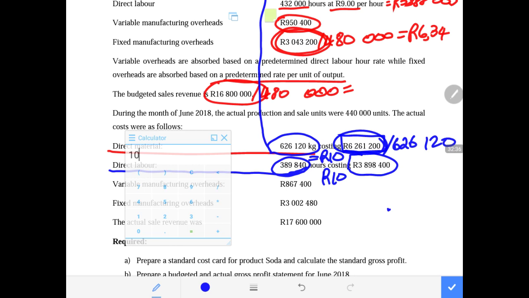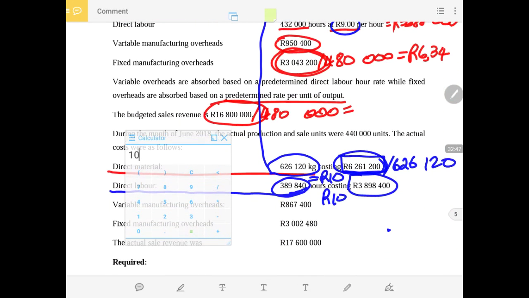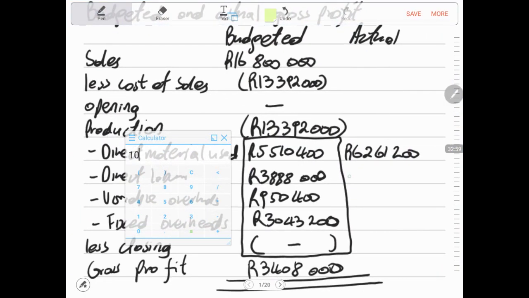We budgeted 9 rand of labor per hour, but we actually paid 10 rand, and again this variance becomes unfavorable. But for the sake of the income statement, we just take the total as it is, 3,898,400, and we paste that figure.